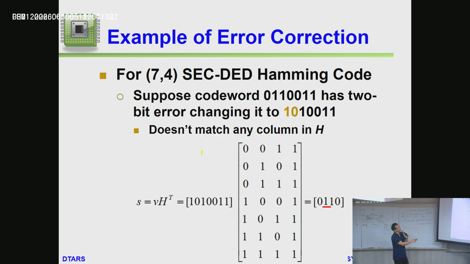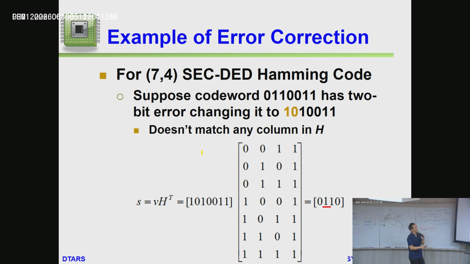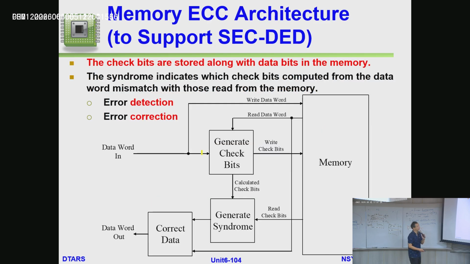This number tells you how many bits you have and how many check bits you have. This 4 is the original data bits, and we have 3 check bits. And again, if you have this data, you multiply by this one, then you will find this symptom is not equal to 0, doesn't match any current, so it is an uncorrectable error.